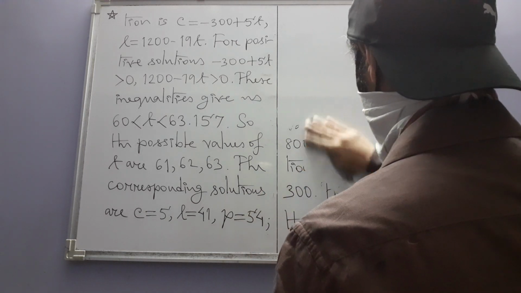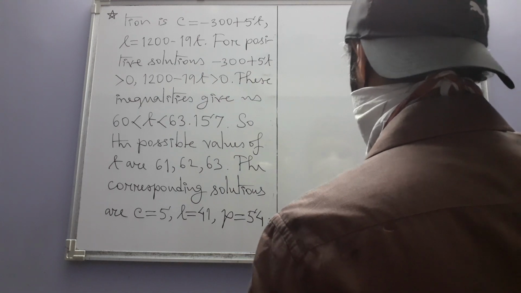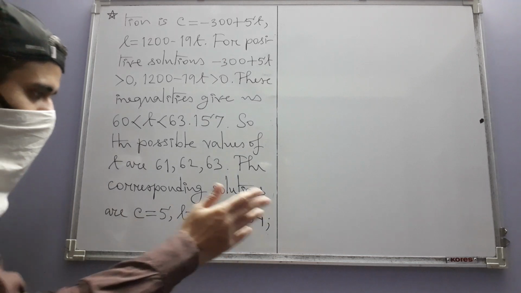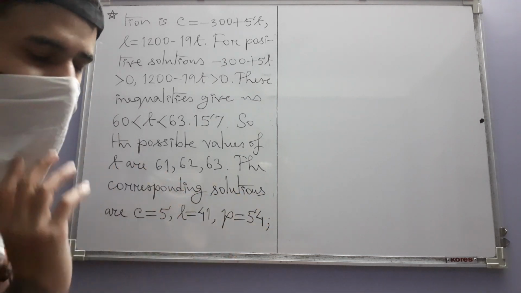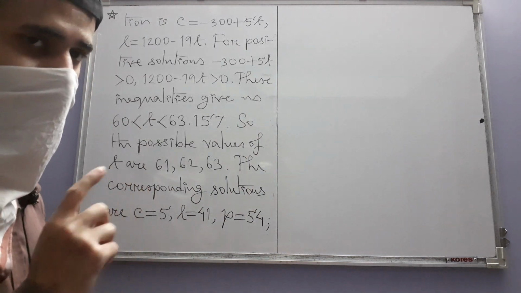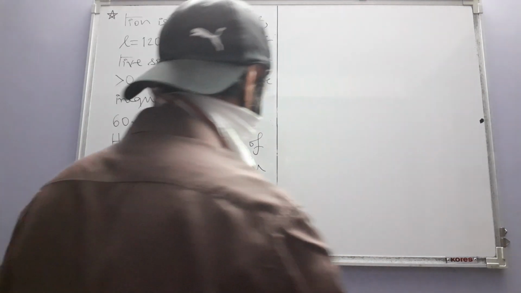And these solutions will satisfy both the equations. That is, if you take the sum total of these numbers, you should get 100 in all these three cases, and also that second equation where the prices are involved, that should also be satisfied.